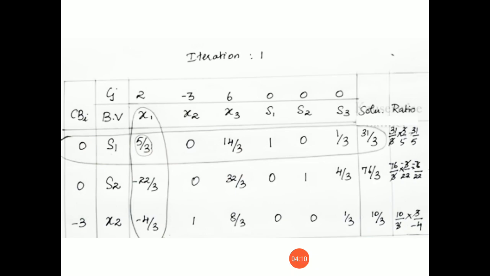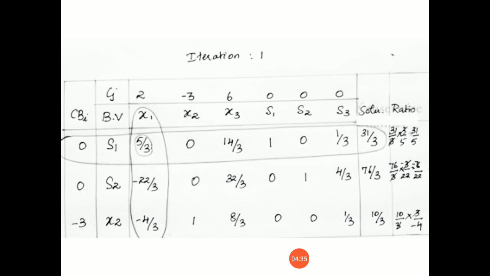As I've already told you in my previous lectures, the key column is the column corresponding to the entering variable, whereas the key row is the row corresponding to the leaving variable. So here the key row corresponds to the basic variable S1.